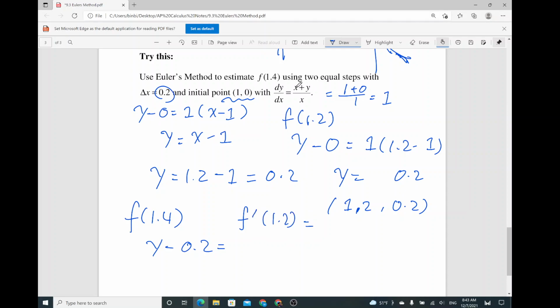So plug in a number, so x plus y. So 1.2 plus 0.2 divided by 1.2. So we got 1.4 over 1.2, which is 14 over 12. Reduce it, so we do have 7 over 6.